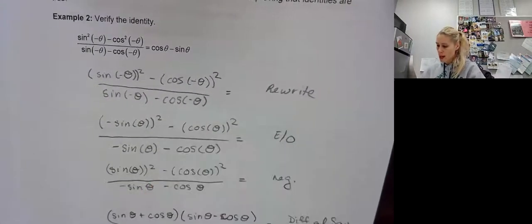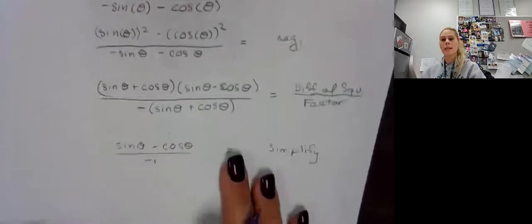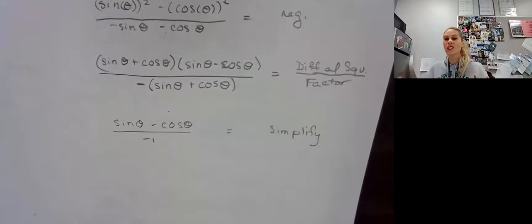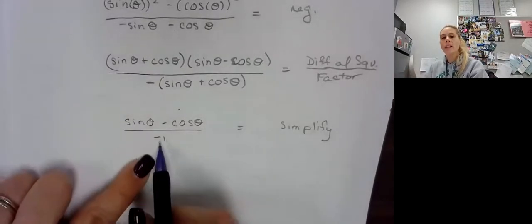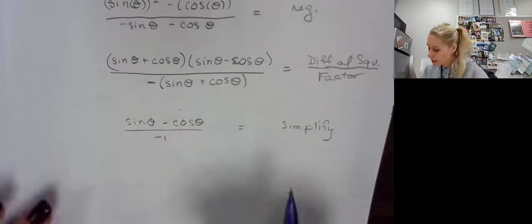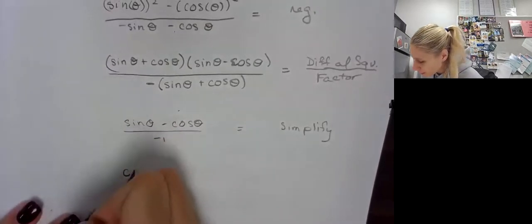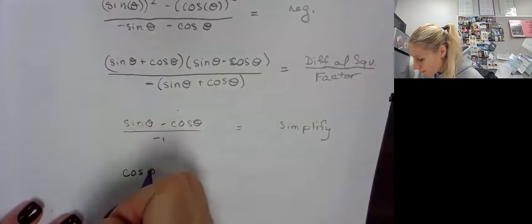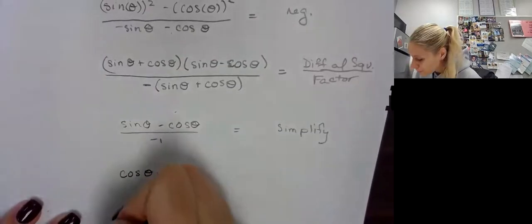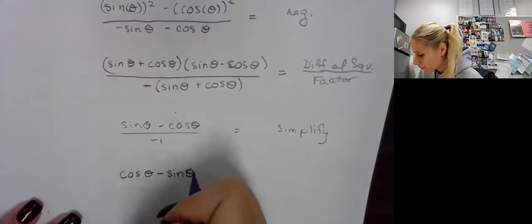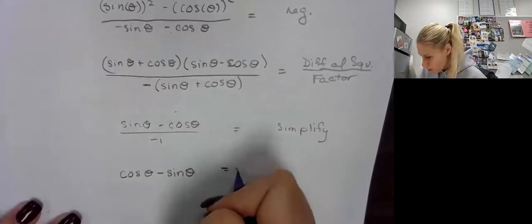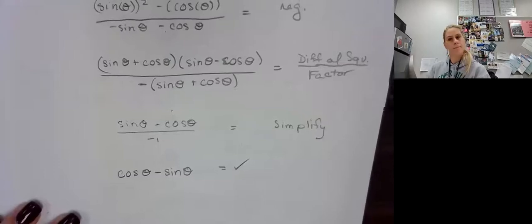And we're a little bit backwards, right? I have sine minus cosine, but since it's over -1, that changes our signs. So it changes our sine to a negative and changes our cosine to a positive. So let me just put that positive cosine in front because it's positive. Sine is now negative because I divided by that -1. And what do you know? We got our identity. Pretty cool.